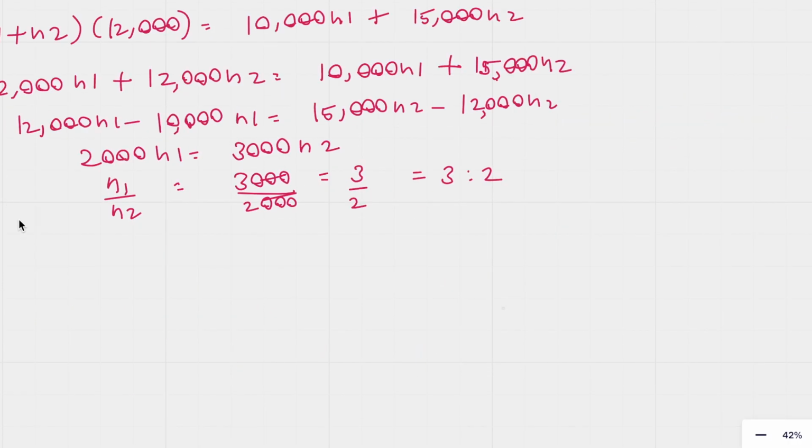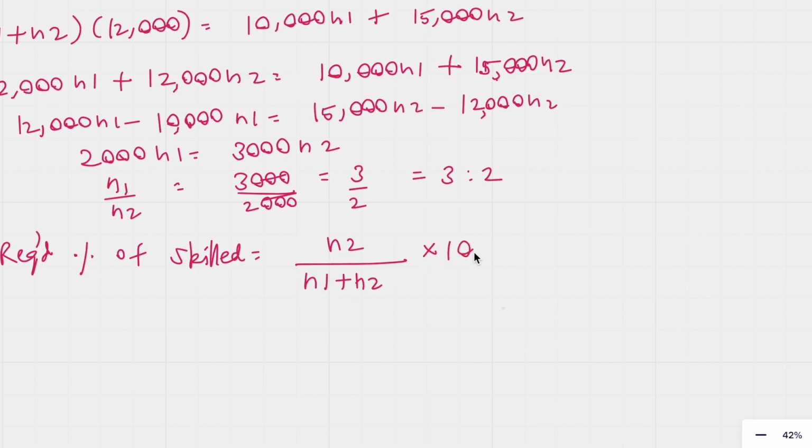We need to find out the proportion, the percentage of skilled workers, that is n2, the number of people in group 2, divided by the whole total, n1 plus n2, into 100.